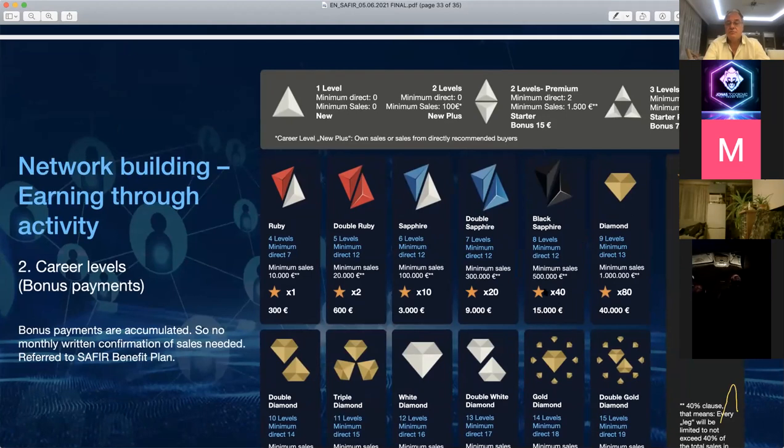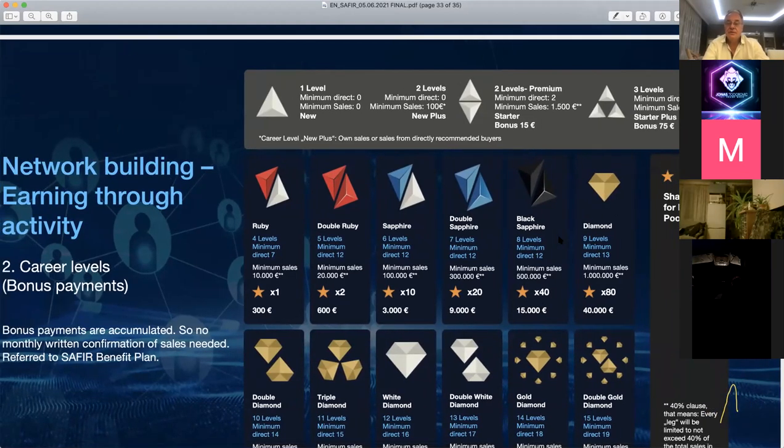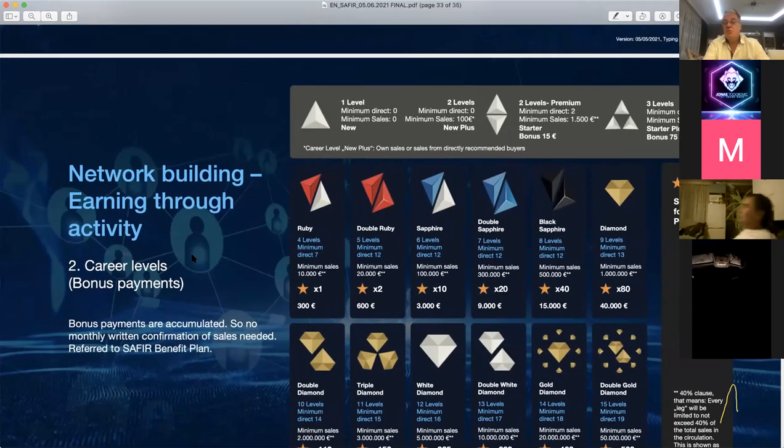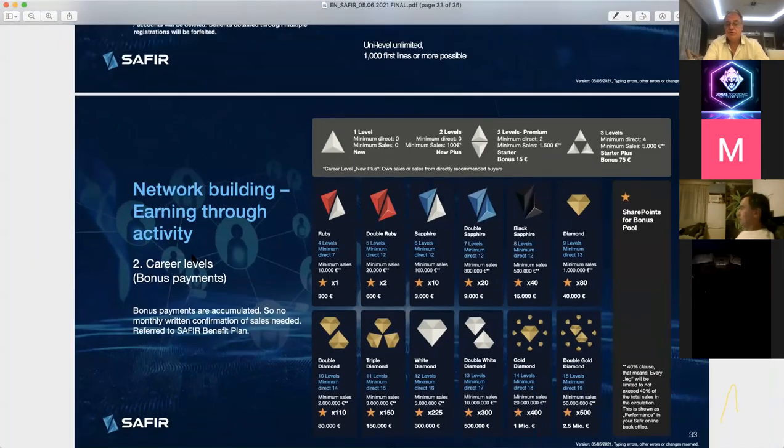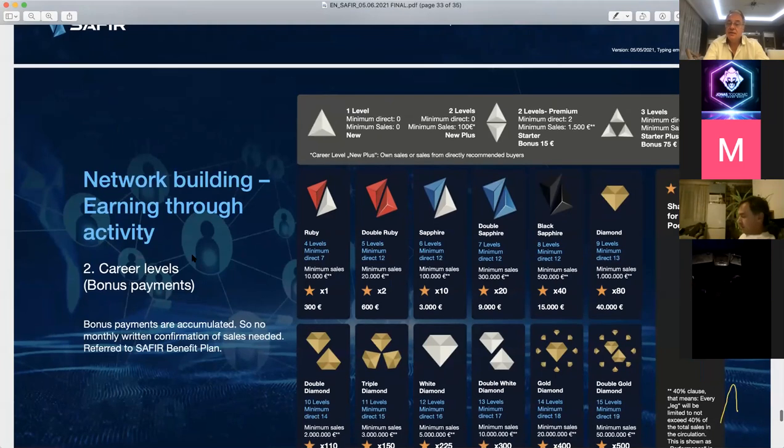What you need to keep in mind, though, is that there is something called the 40% rule, meaning that when you are building your first level, which is the people that you directly refer into the system, you need to have more than one person. Because if you have fewer directs in the system, you will not come to the rank.